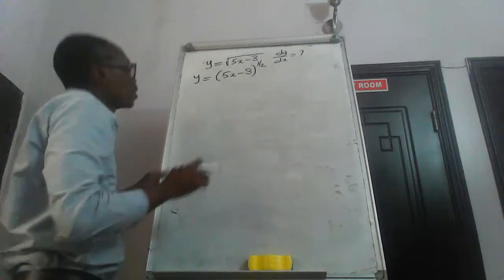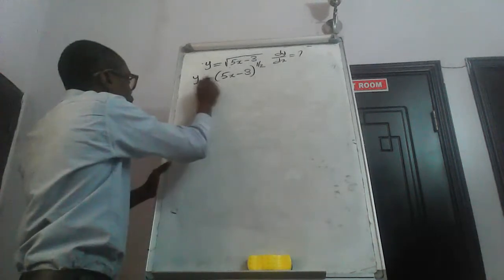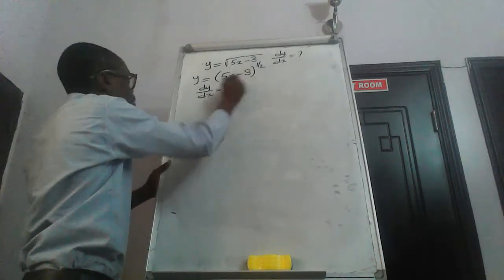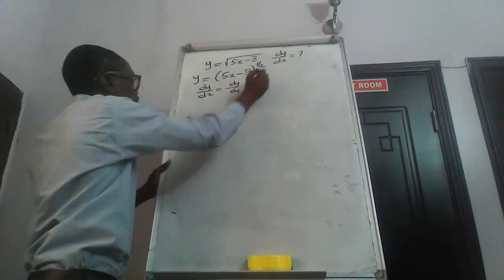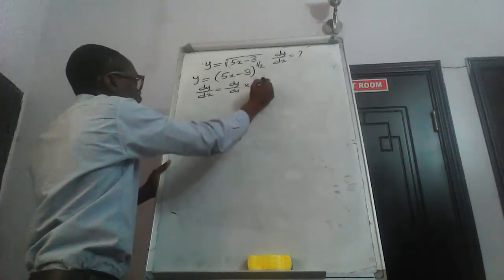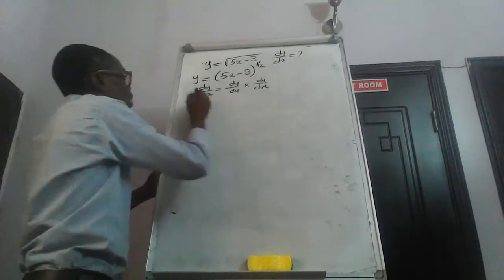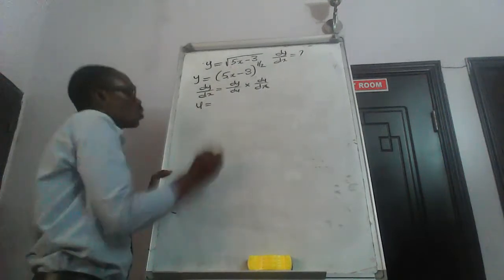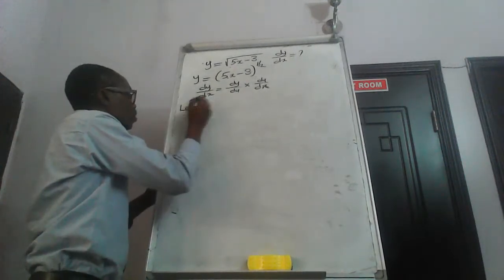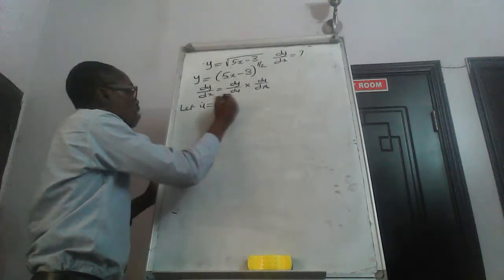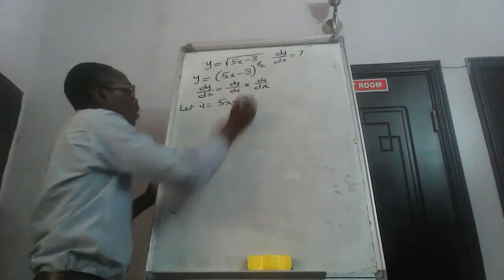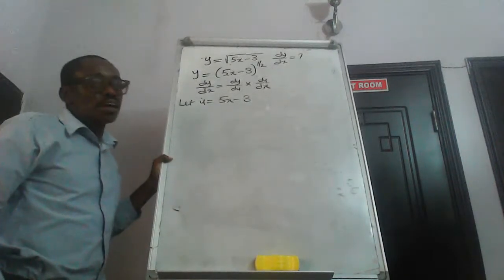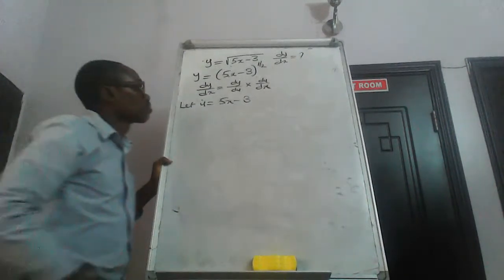At this point, we can now apply the chain rule that dy/dx is equal to dy/du times du/dx. So our u is going to be 5x minus 3. So we say let u equal 5x minus 3.